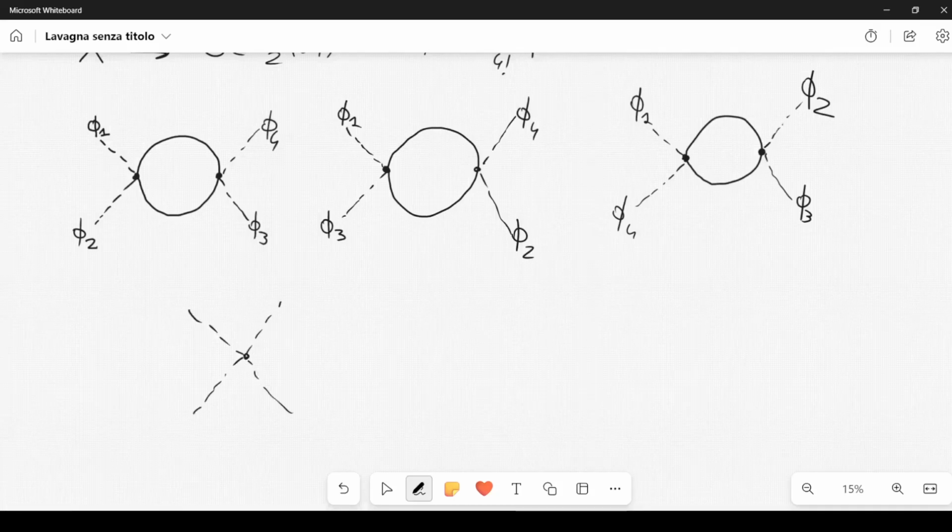The vertex without any loop has associated with it the constant minus lambda minus delta lambda. Remember that in our theory we are also considering this correction to lambda that we call delta lambda, and according to a certain renormalization scheme that we have to choose, we can set the value of delta lambda in such a way that the calculations do not lead to infinities.